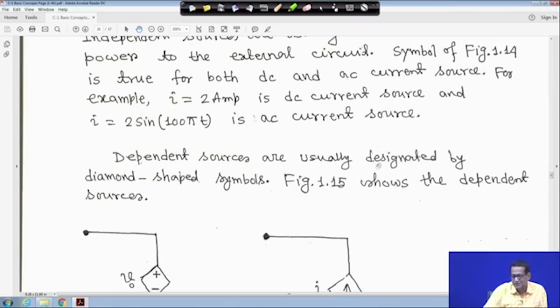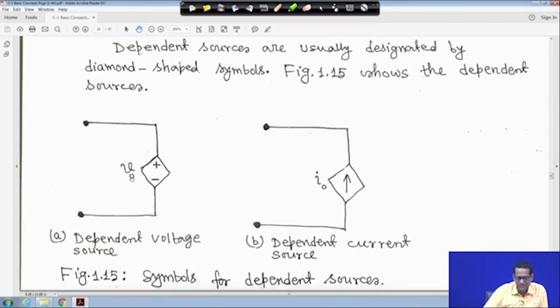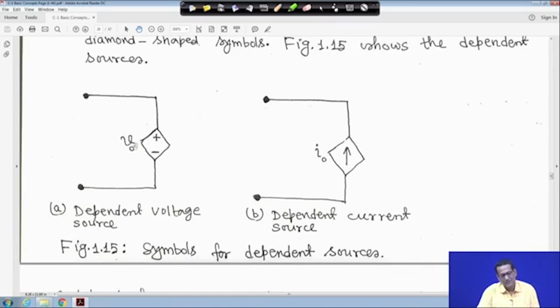Now dependent sources are usually a diamond shape. For example, this one has plus minus, this is the dependent voltage source, and this one has an arrow shown upward, just for the purpose of example, and this is the dependent current source. Dependent voltage source means this voltage may be a function of current in some branch of the circuit, or maybe a function of some voltage across some element of the circuit.